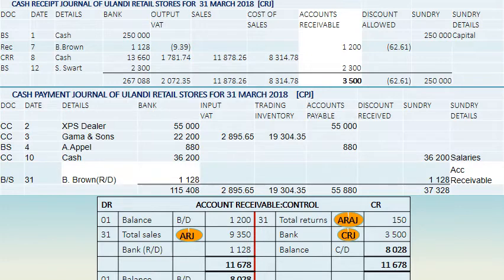It will also, on the credit side, show the entries posted from the bank, cash receipt journal. On the debit side, it will show entries posted from the cash payment journal. At the end of the month, the account was closed off by calculating the closing balance, which will represent the opening balance in the new month. And the closing balance was calculated as 8,828 rands.